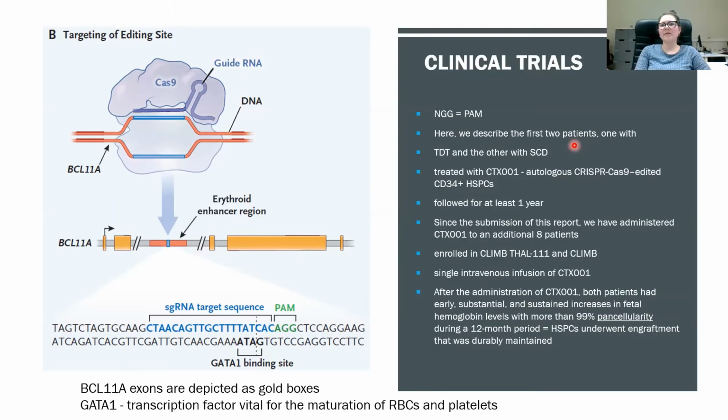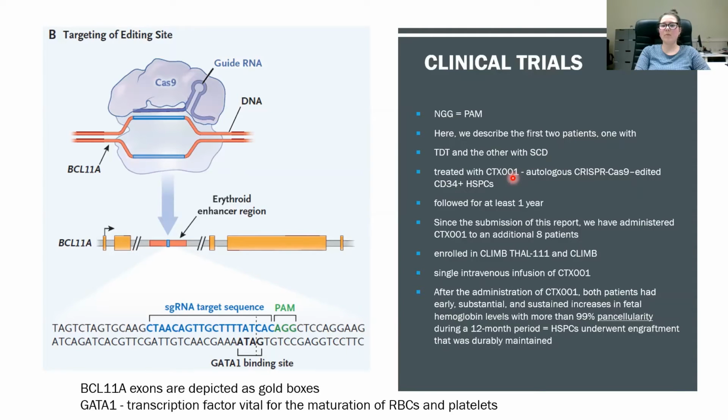Clinical trials with the CRISPR-Cas9 system are very expensive. So only 2 patients were treated with CRISPR. One patient had transfusion-dependent thalassemia, and another patient had sickle cell disease.